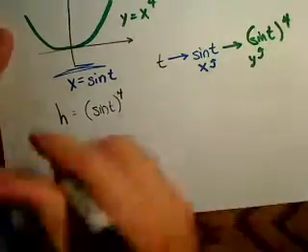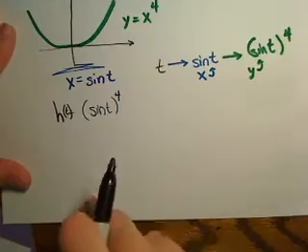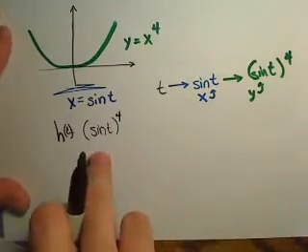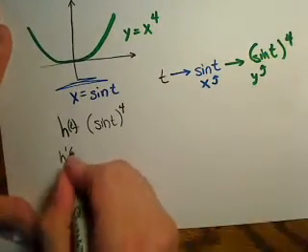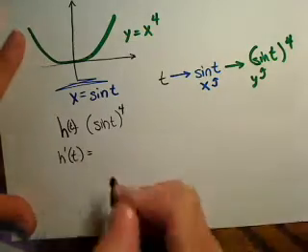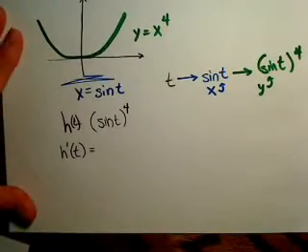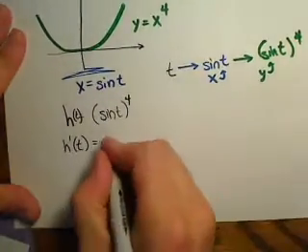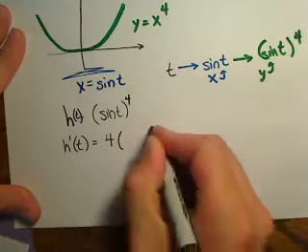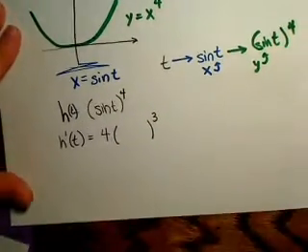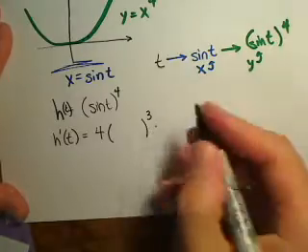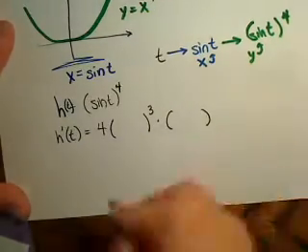So if we wanted how quickly his height is changing at any given time, that would be h prime of t, which, according to our formula from before, is 4x cubed times how quickly sine is changing.